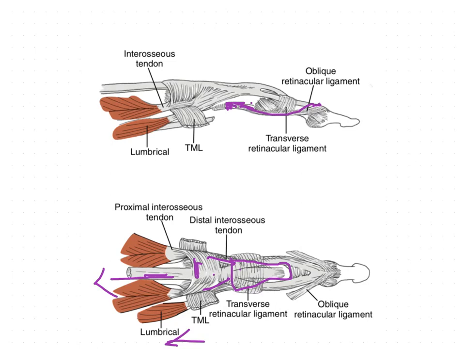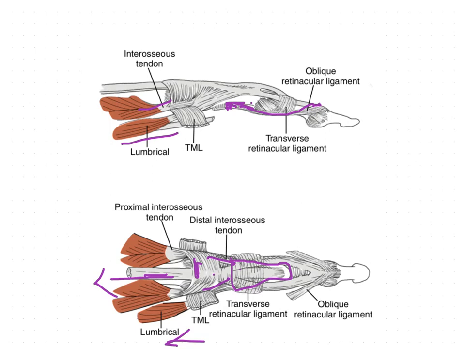Normally, you can see these interossei and lumbricals on the volar aspect, so normally these muscles cause flexion at the MCP joint. But it is not happening.